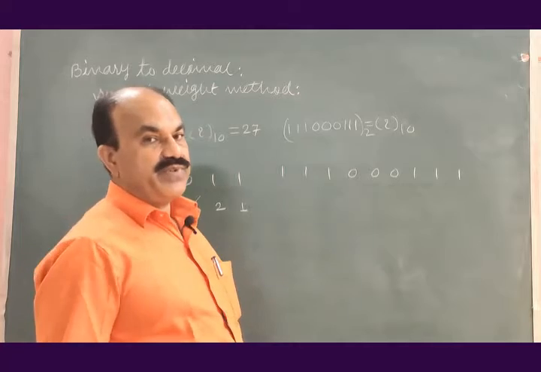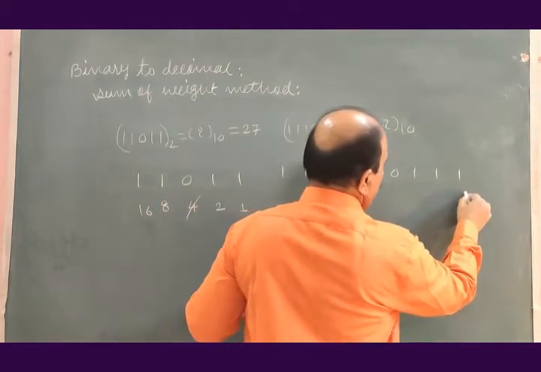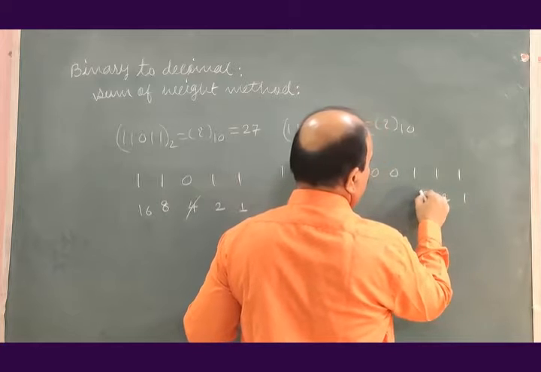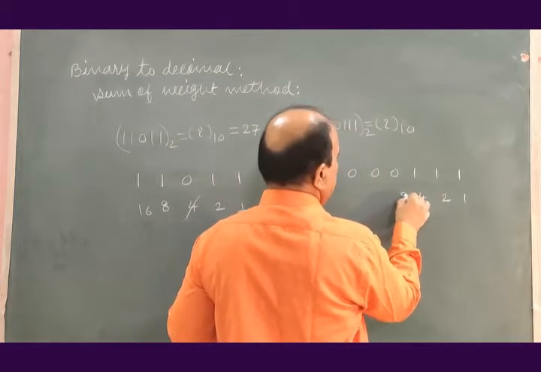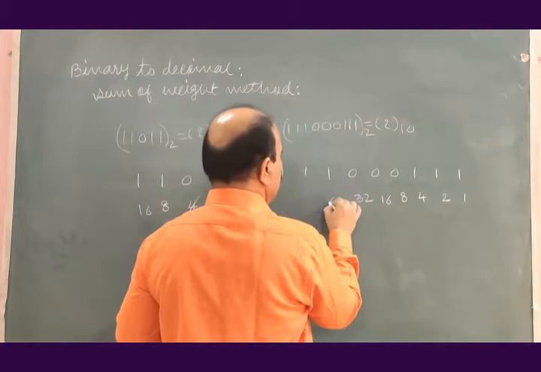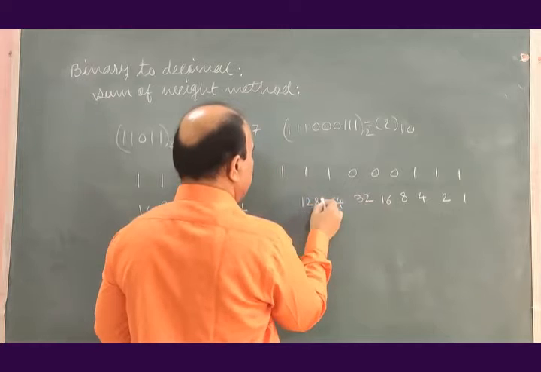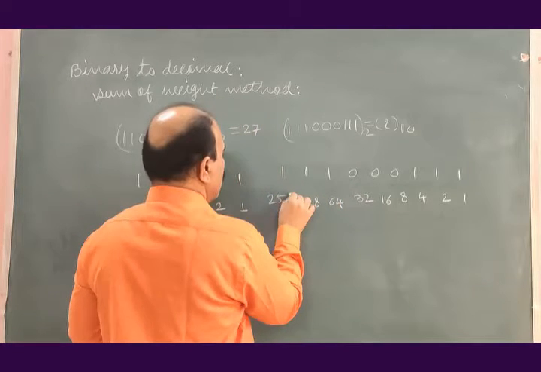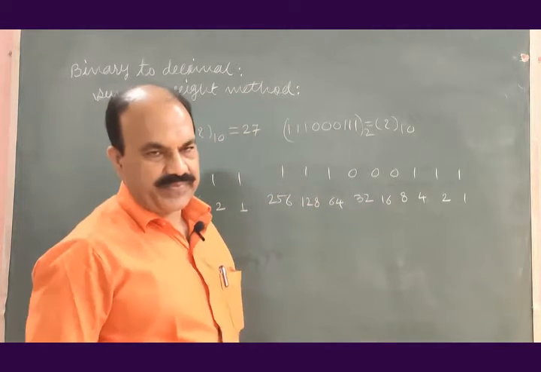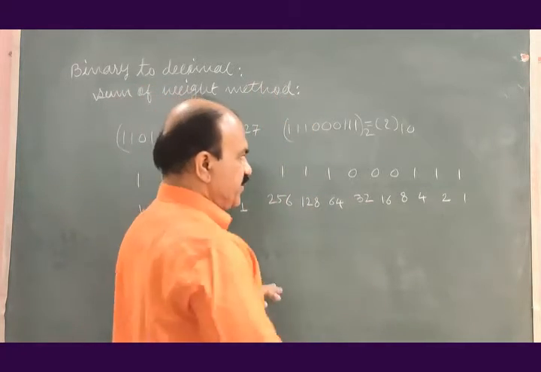Write weights of each bit. Start from LSB. 1, 2, 4, 8, 16, 32, 64, 128, 256. Cancel the weights corresponding to 0 bits.